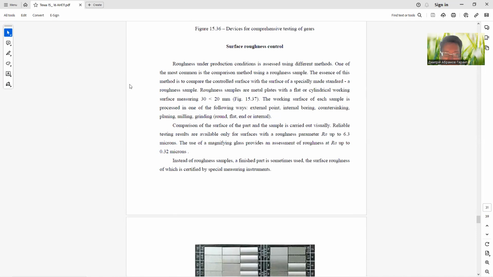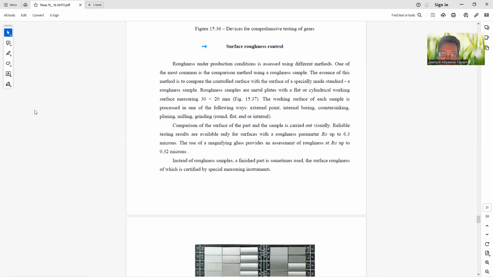Next item of our lecture, surface roughness control. Roughness under production conditions is assessed using different methods.